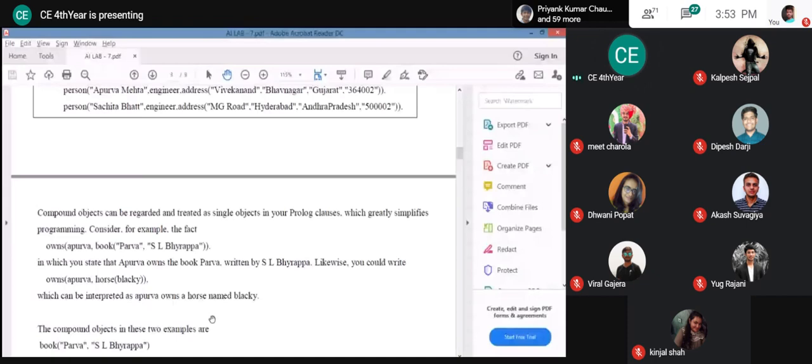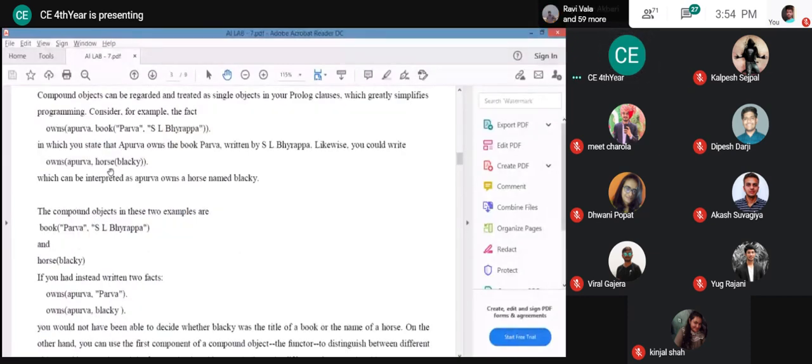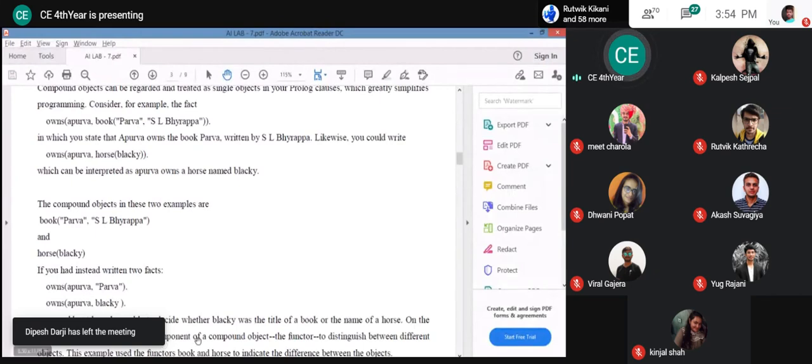Now see, listen again, instead of writing these two facts with book and horse, which are compound objects, if I write Apurva, comma, Parva and Apurva, comma, Blackie, then you would not be able to decide whether Blackie was the title of a book or the name of a horse.